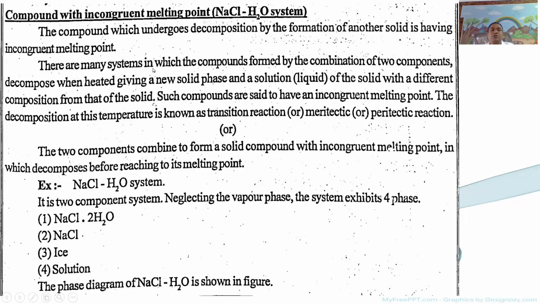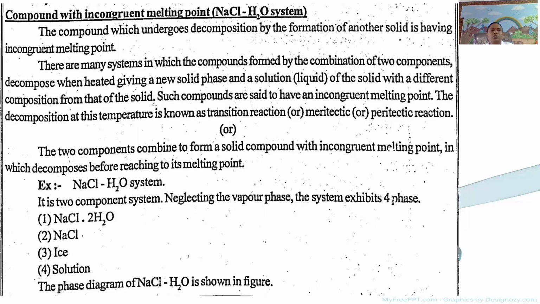There are many systems in which the compounds formed by the combination of two components decompose when heated, giving a new solid phase and a solution liquid with a different composition from that of the solid. Such compounds are said to have an incongruent melting point.